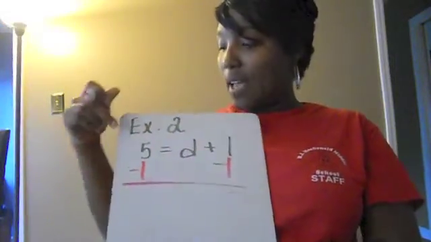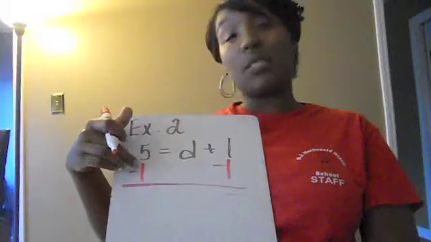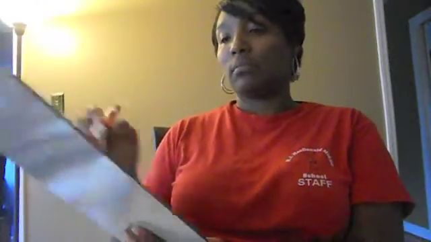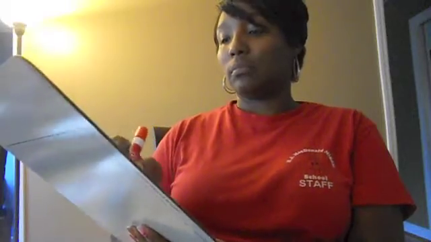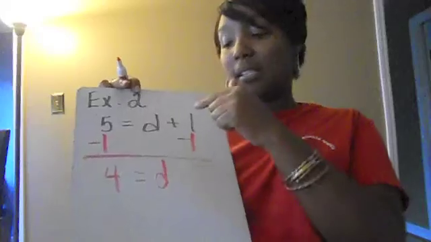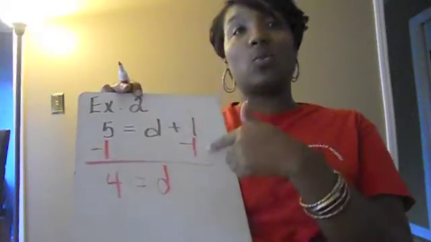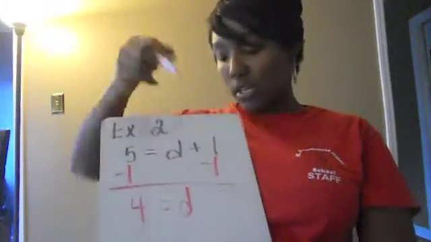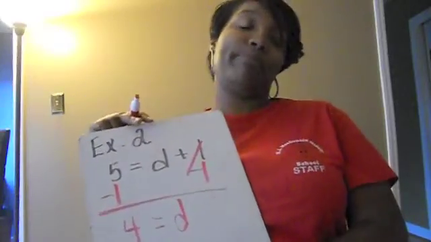Okay? 5 minus 1 is 4. So d is equal to 4 because 1 minus 1 will give me 0. So that cancels that. Okay? Next example.